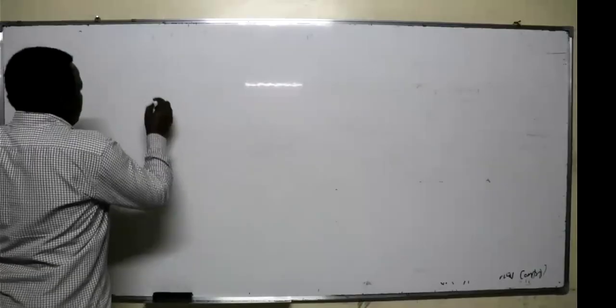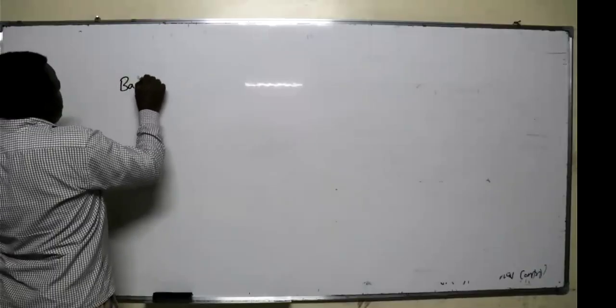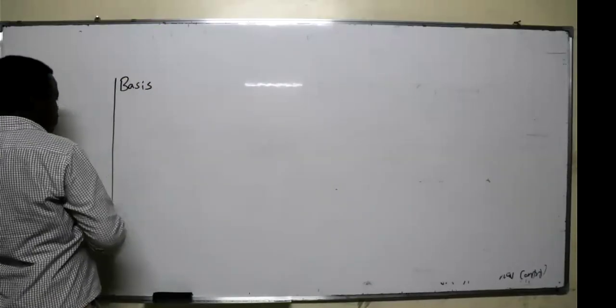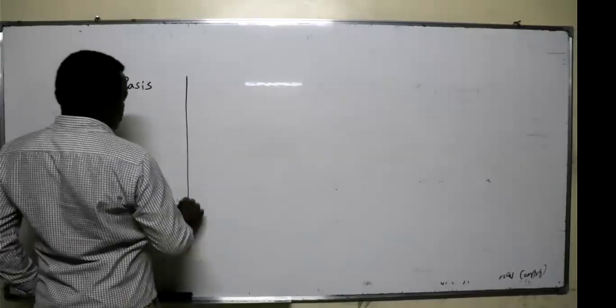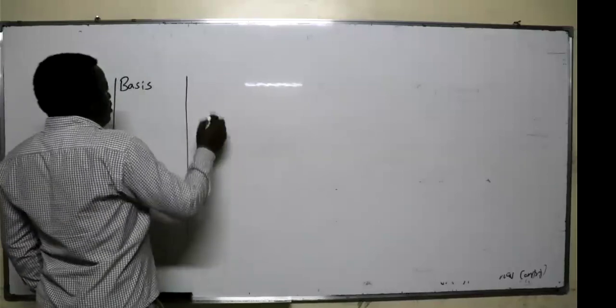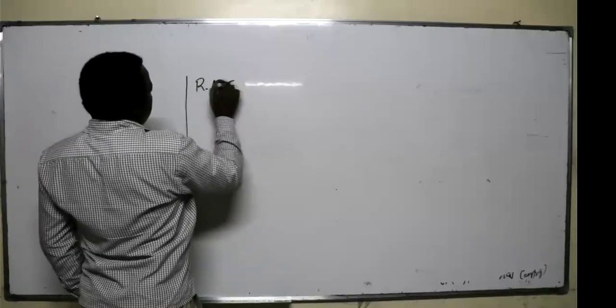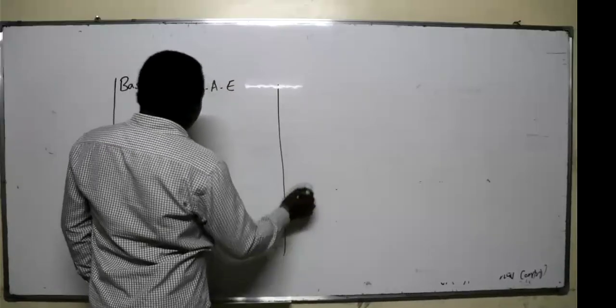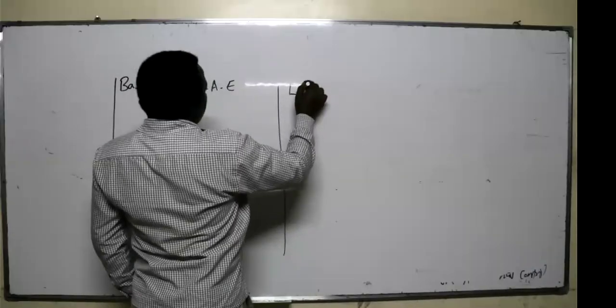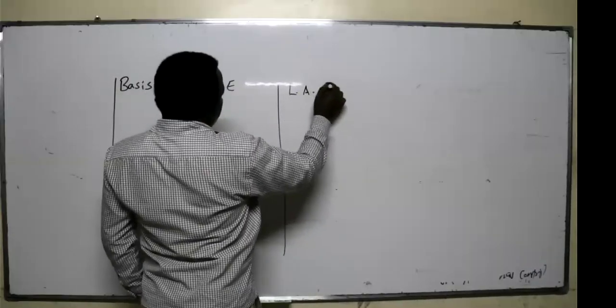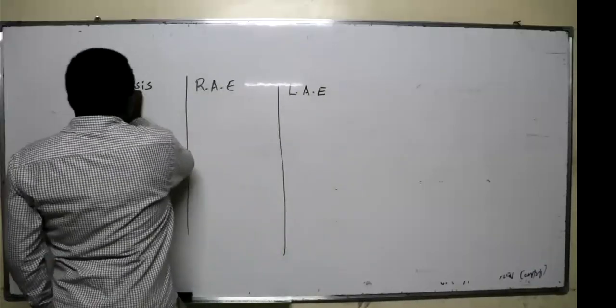So what are the differences between these two forms of engagement? We can have a table. In the first column, the basis of the distinction. Then we have here reasonable assurance engagement. Then this side, the limited assurance engagement.